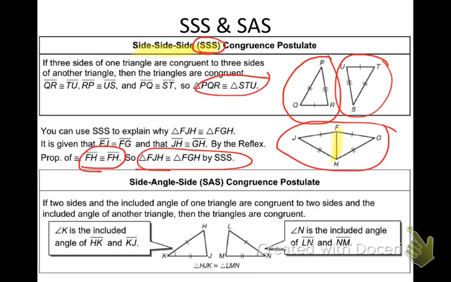And then the last one, we have what's called side, angle, side, SAS. Notice, where is my A? A is between the two S's, right? So my angle must be between the two sides that I know. Hence I have side, angle, side.